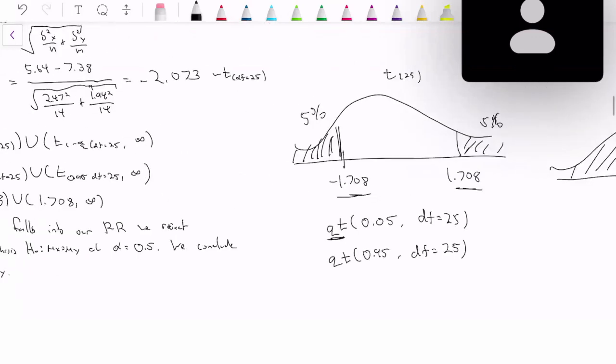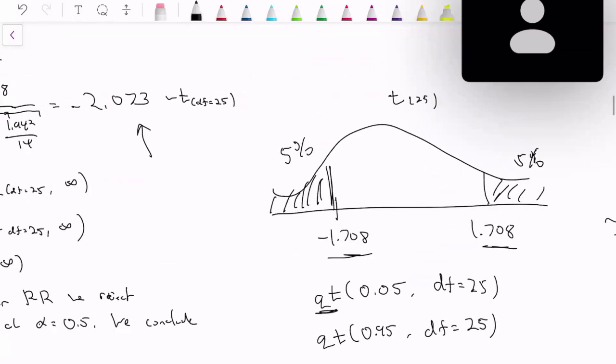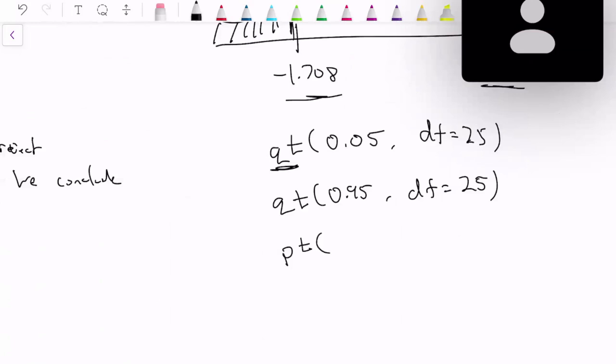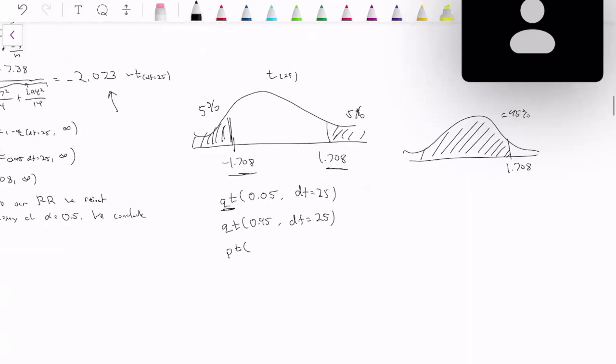Now, if he asks for R code to get the p value for this, and then make a conclusion, you'll do pt. So pt will give you the probability at a specific quantile.